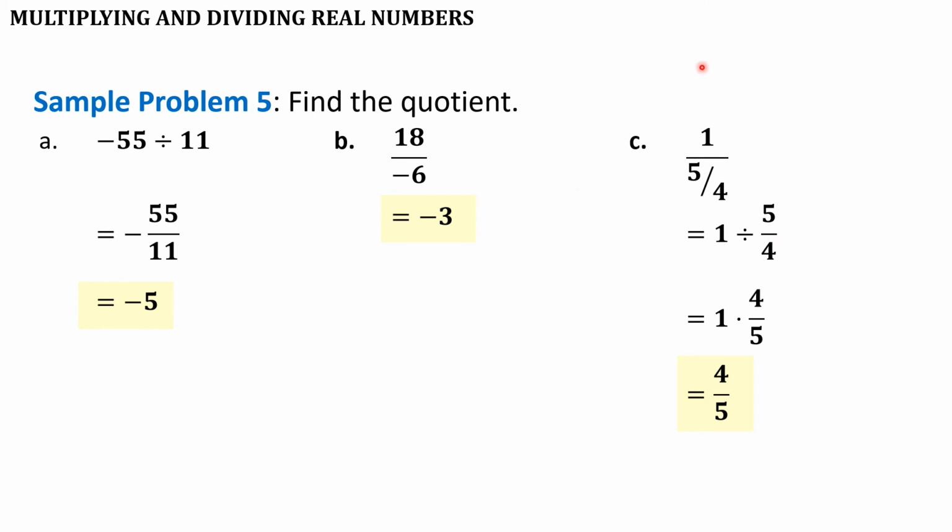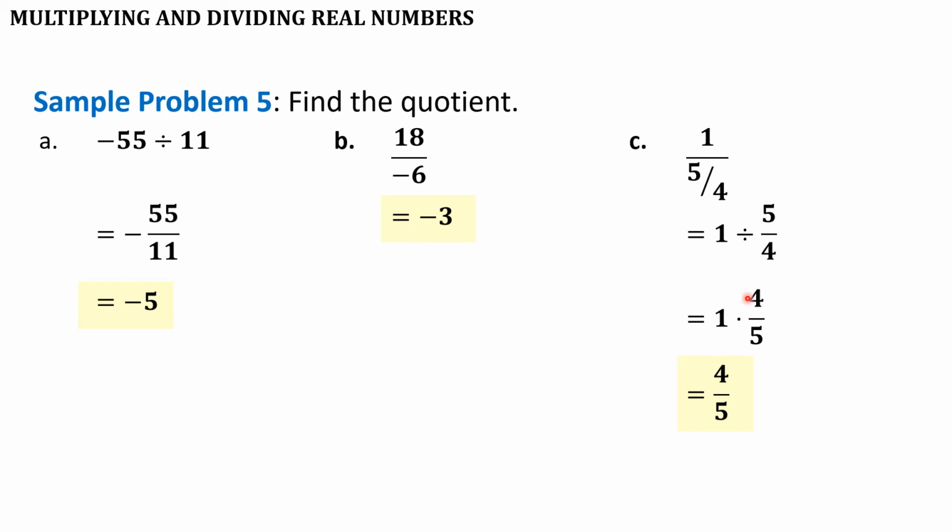Now here we had a little bit of confusion. It looked like a big mess, but don't worry, it is not. And what it says is that we are dividing that 1 by that 5 over 4. That's all it says. And if we remember our division rules, if we are dividing a number by another one, we can use the reciprocal of that number and turn it into a multiplication.